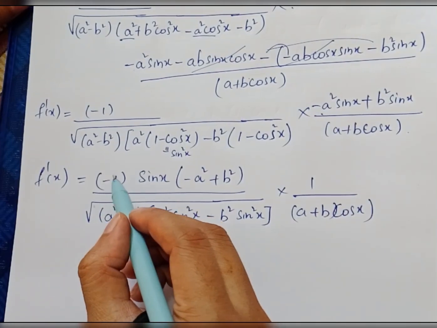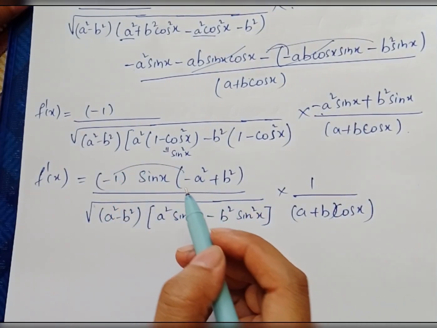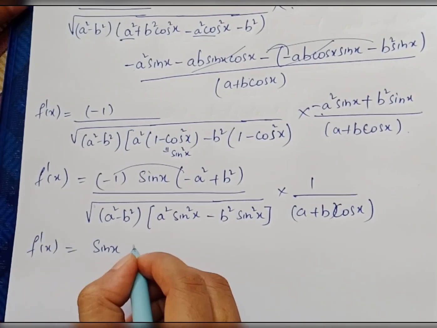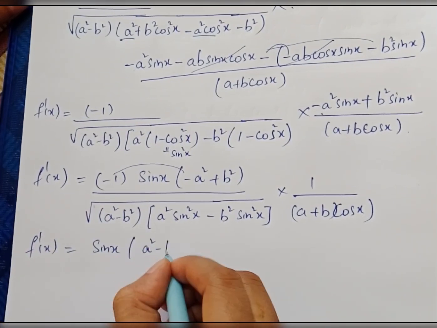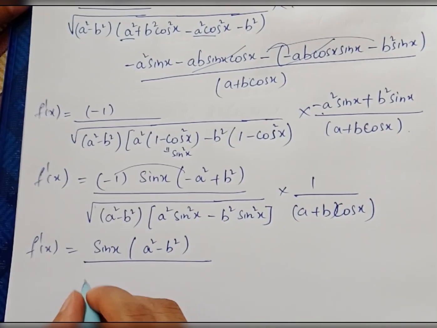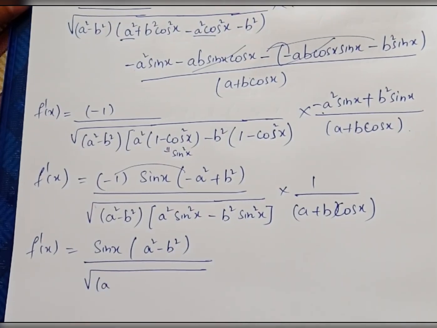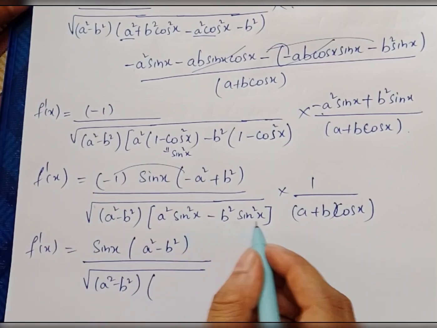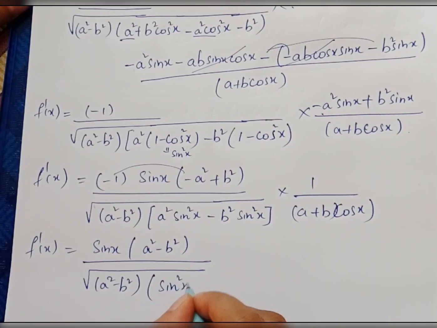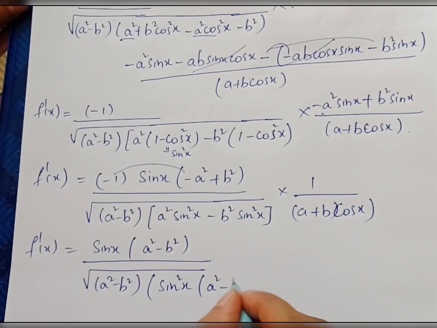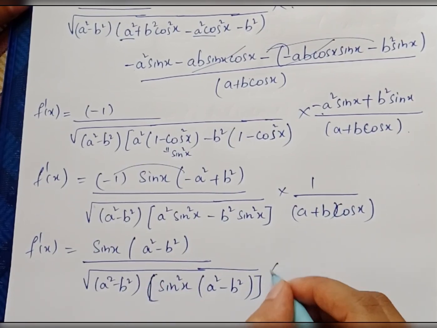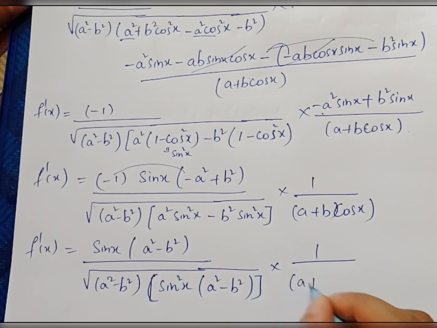Now multiplying this minus 1 to this term, the positive becomes negative and the negative becomes positive, so it is a square minus b square by root of a square minus b square. Now taking sin square x common, so it is a square minus b square into 1 by a plus b cos x.